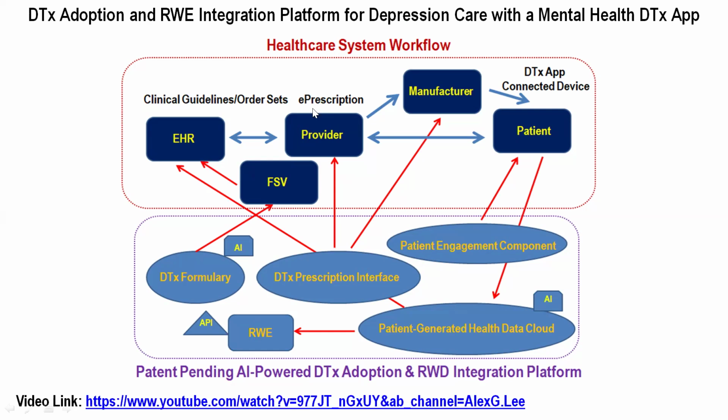Depending on your EHR support, you provide an e-prescription, which goes to the manufacturer or a pharmacy. You can have an online pharmacy deliver the drug, and then there is a reimbursement step or something like that. That's the traditional one. How you can include DTX in this system is the question.